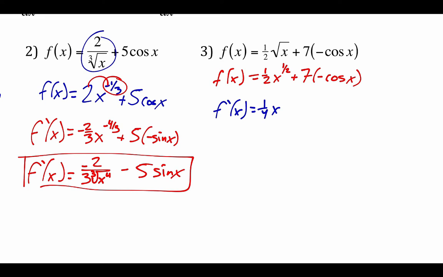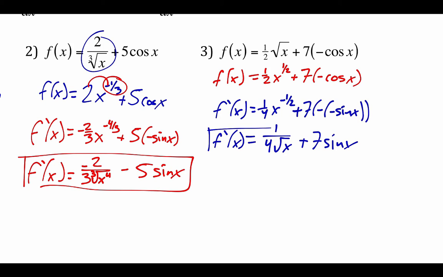Subtract 1 from the exponent, 1/2 minus 1 is negative 1/2, plus 7 times the derivative of cosine, which is negative sine, so it's going to be negative sine of x. Double negative, we'll clear that up in a second. Over in this first part, we have 1/4 times the square root of x, plus 7 times the negative sine of x. In other words, 7 times the sine of x.